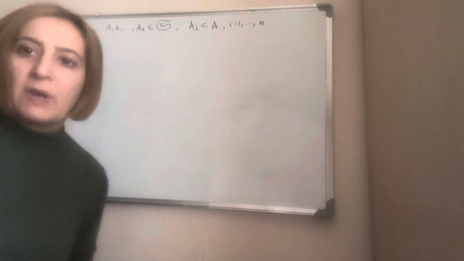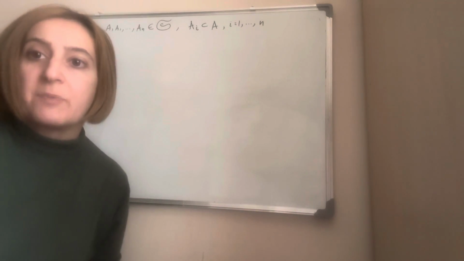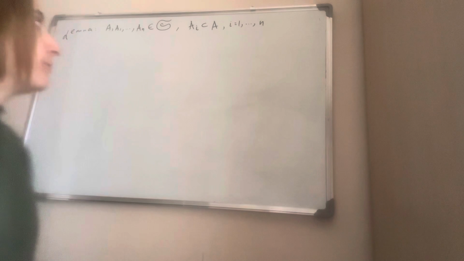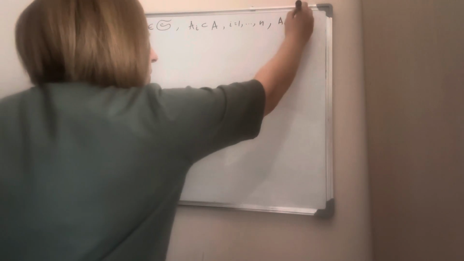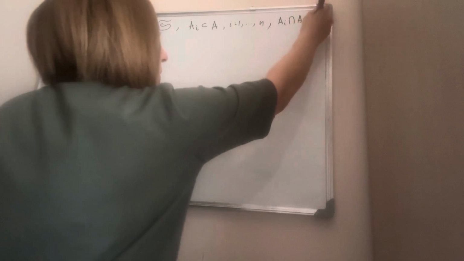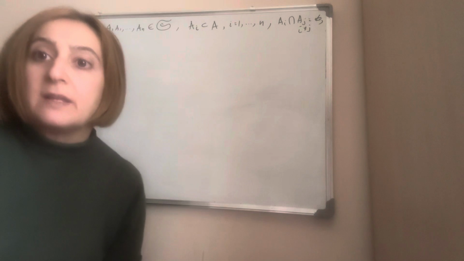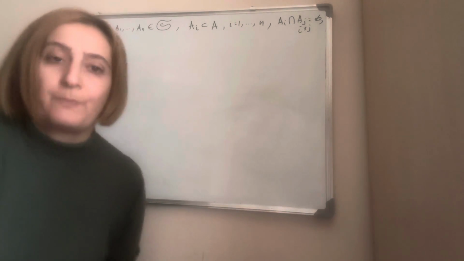The sets from A1 to An are subsets of the set A. And the sets from A1 to An are mutually disjoint.